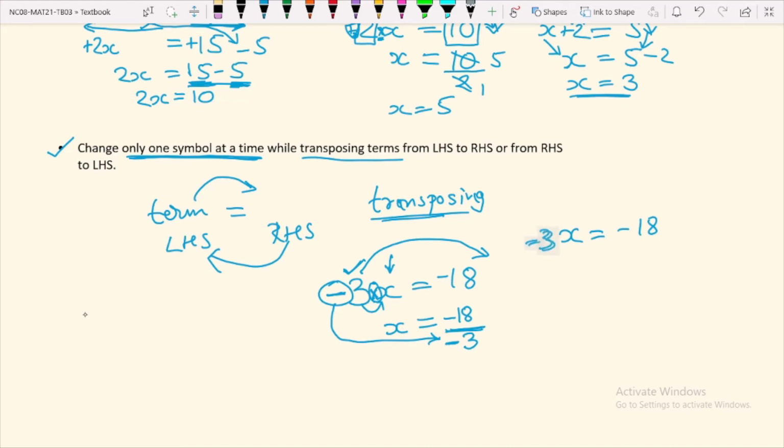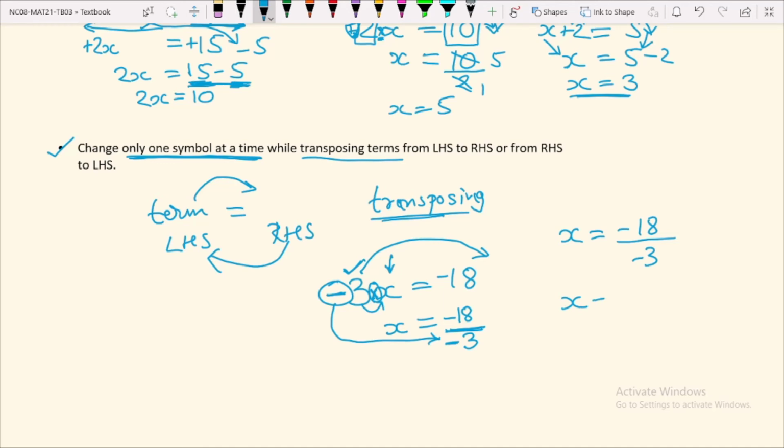So multiplication will turn into division. So it will go from numerator to denominator. So it will become minus 18 divided by minus 3.